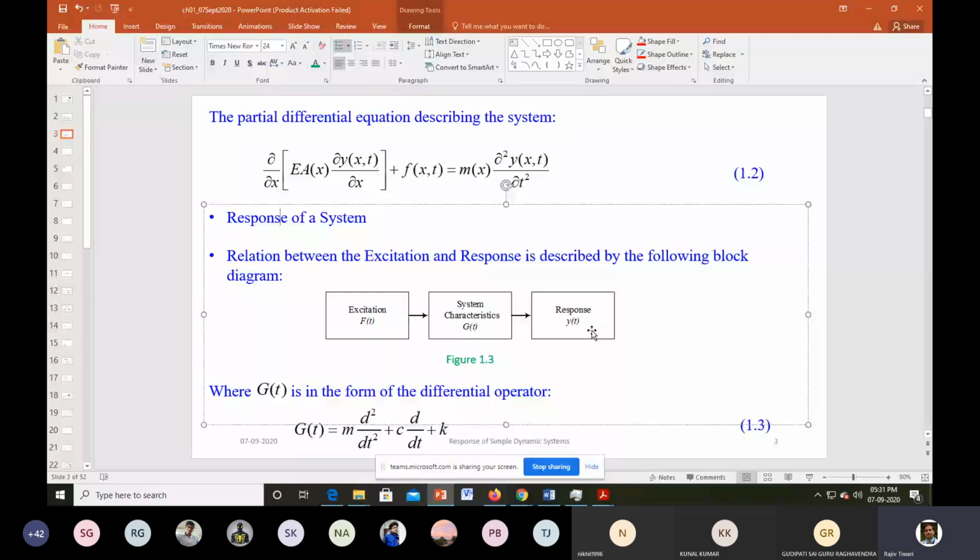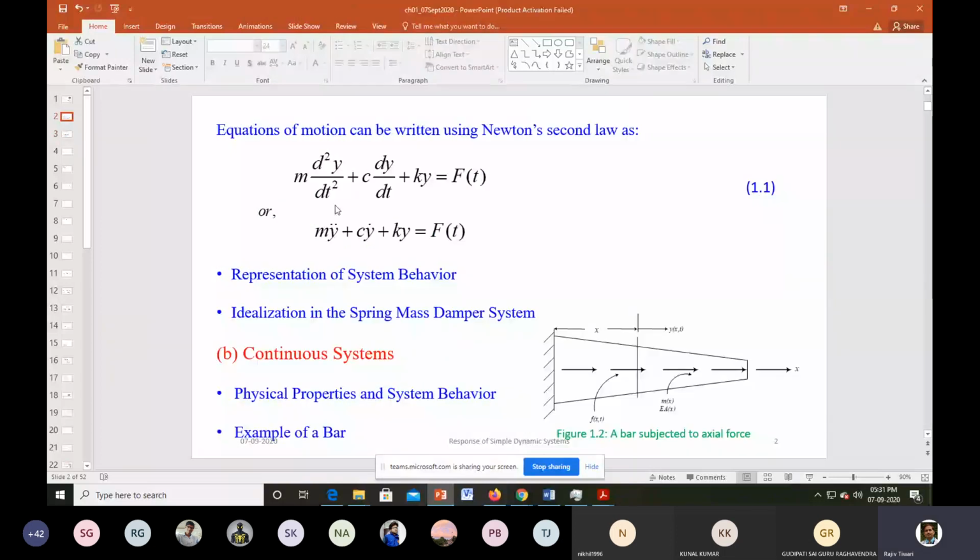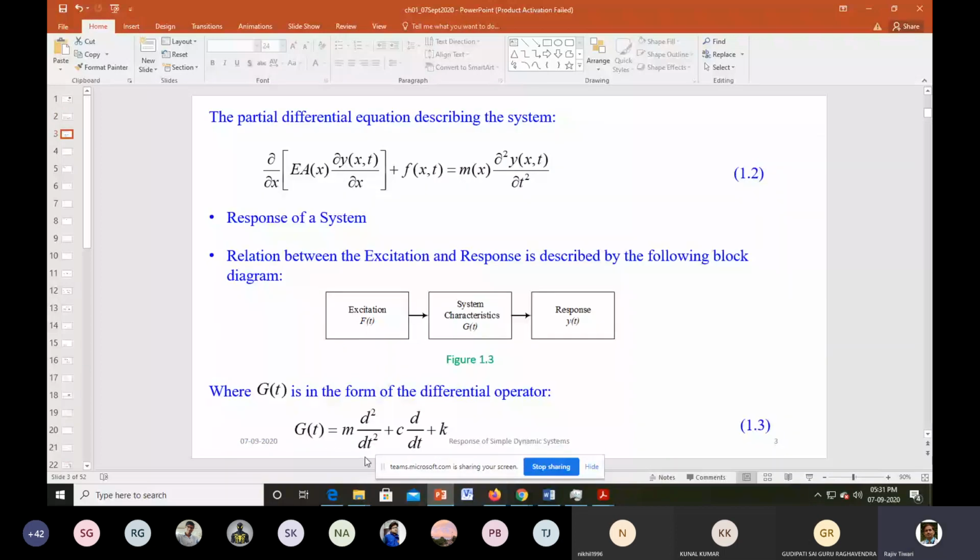The previous differential equation which we had, this one, okay. Here you can see y is common in all three terms on the left side. So if I take y out, whatever is left is this: m double derivative with respect to time, c first derivative with respect to time, and stiffness.